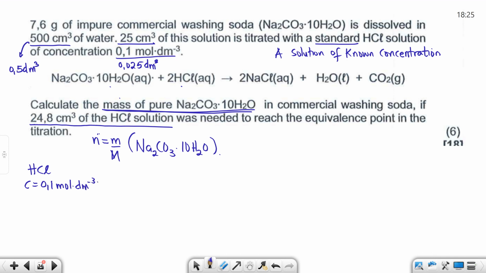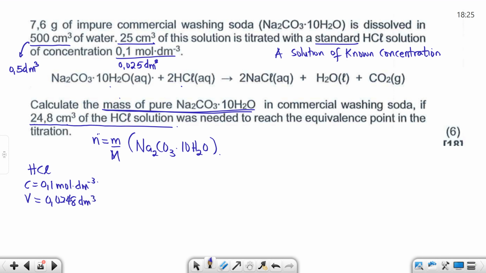Now, they said if 24,8 cm cube of this solution was needed for reaction, what is my volume? 0,0248. Is that right? Remember, convert all the time and divide by what? 1,000. Thank you, those of you that sent the pictures. Please always just make sure that you divide. It's safer that way.